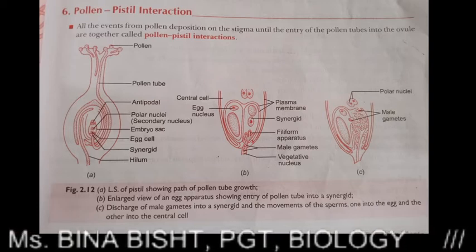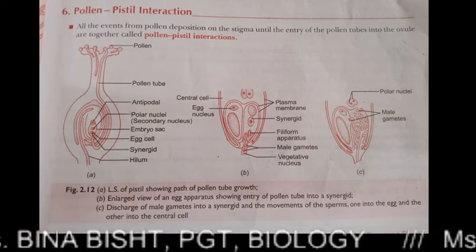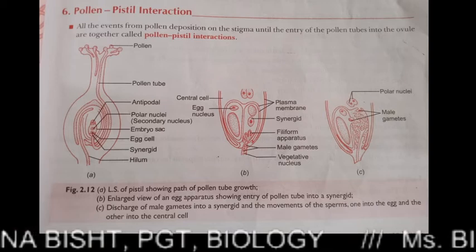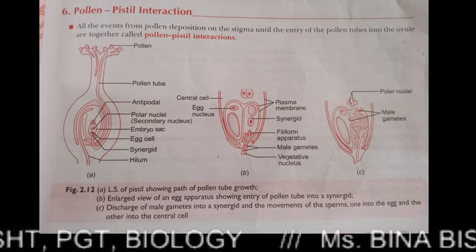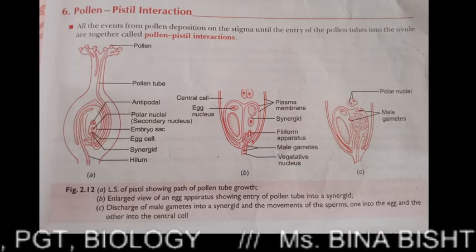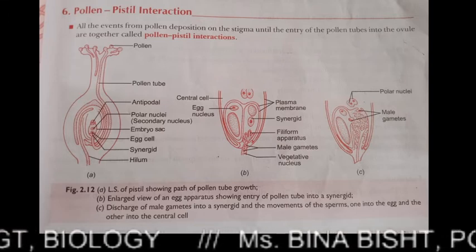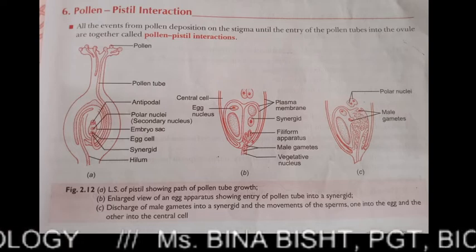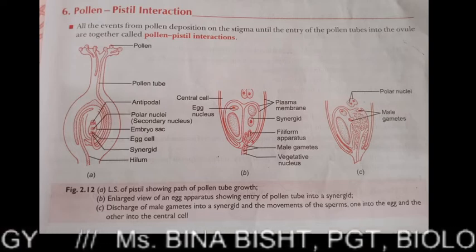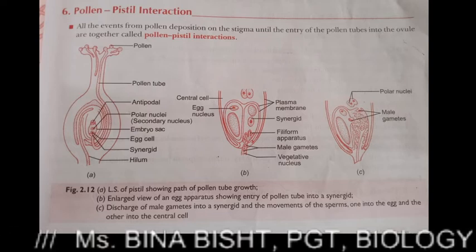What are the components of the pollen grain? Generally it has a generative cell and a vegetative cell. After this, the pollen grain releases enzymes which digest the tissue of the stigma and the style. Later the pollen tube grows from the stigma to the ovary.